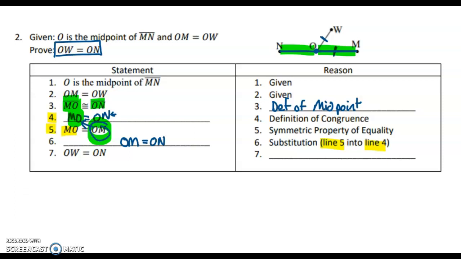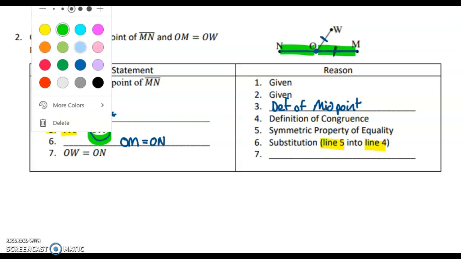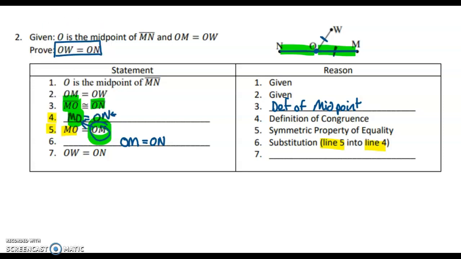Okay, line 7, OW equals ON. Somehow we used OW and ON. If you look at where that happened, and I know the highlighting gets a bit crazy by the end, here is where we have ON, and here is where we see OW. So somehow they combined lines 2 and 6 to get to line 7. Let's look at what happened. They knew on line 2, OM equals OW, and on line 6, OM equals ON.